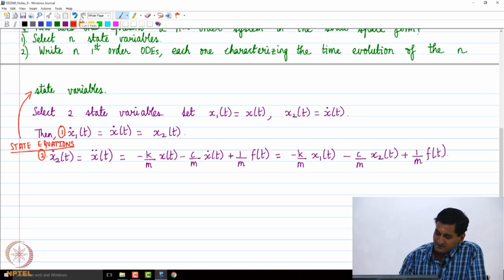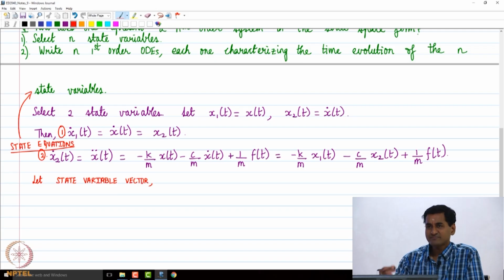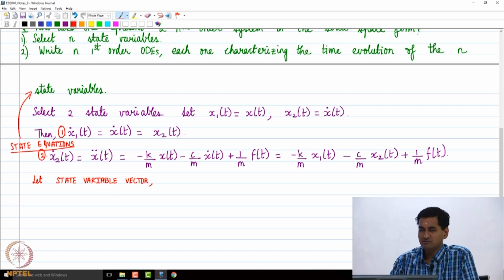Now what we do is define the state vector. Some people call it the state variables vector, or the state vector, or the vector of state variables, depending on which reference you use, but essentially we have a state vector x of t.